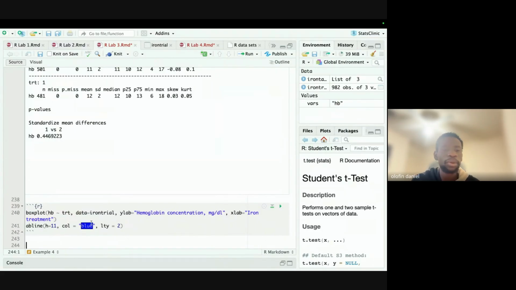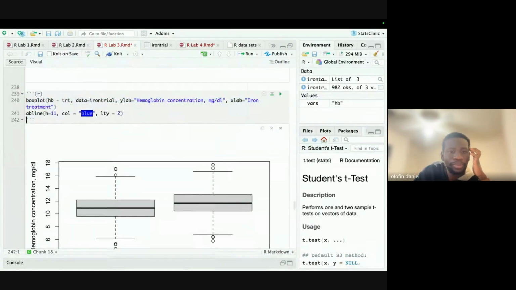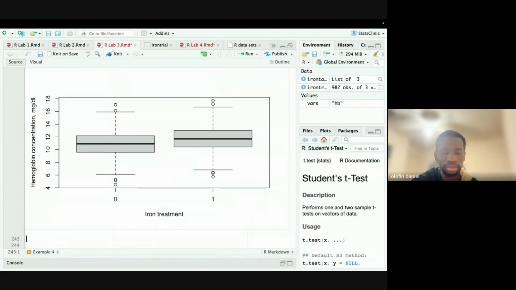So you use the function boxplot, HB, the approximation sign, treatment. Then you specify the data you are using, and you give labels to the x-axis and the y-axis. Let me run this line of command so you see what this does. So we have the box plot already.